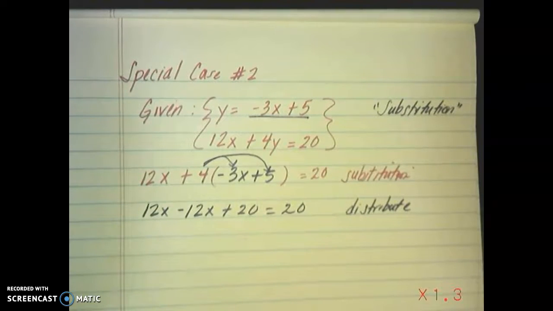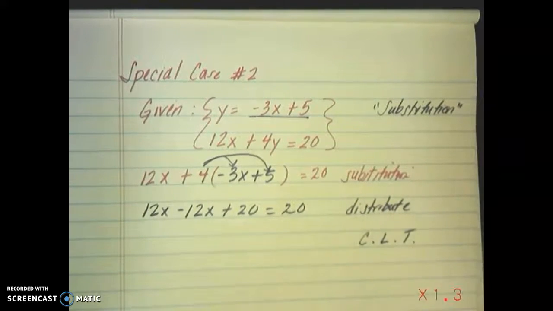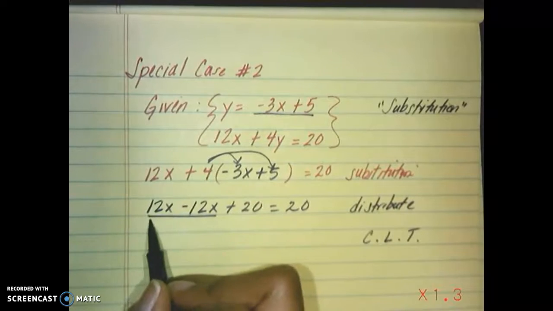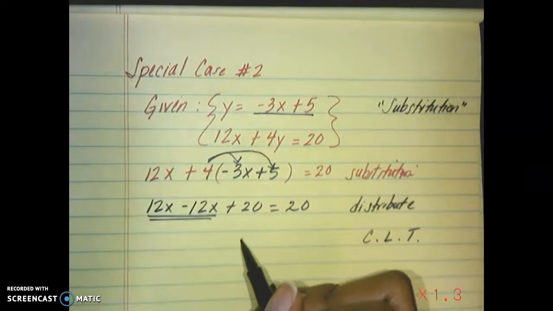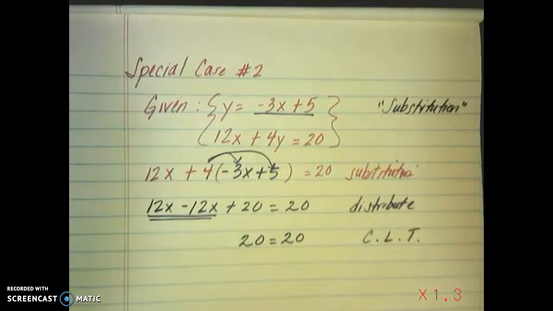Well, I'm going to combine like terms next. My like terms in this case are the two 12x's. 12x minus 12x is 0. I am left with 20 equals 20.